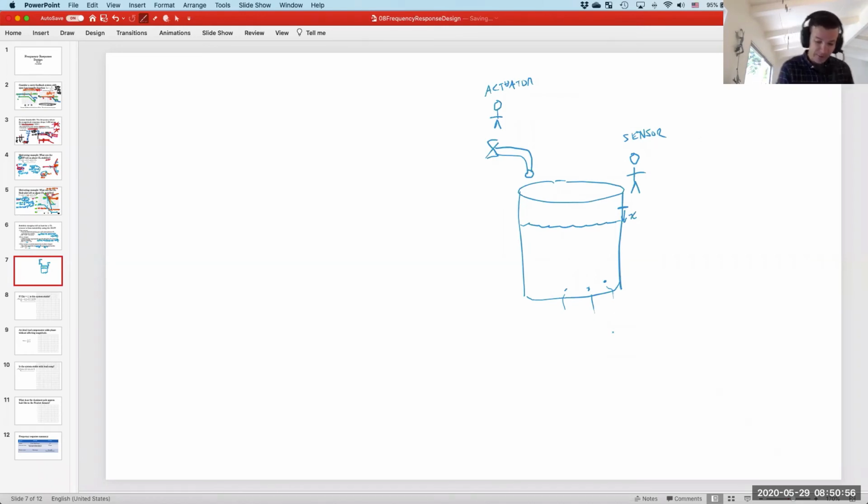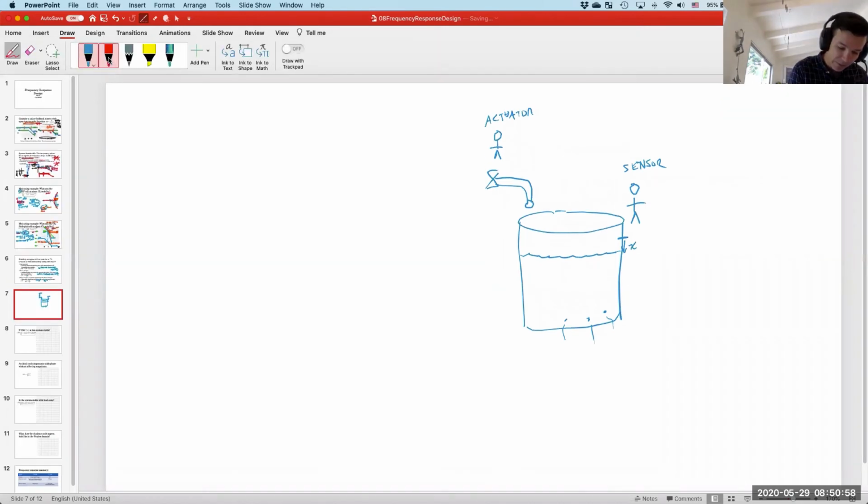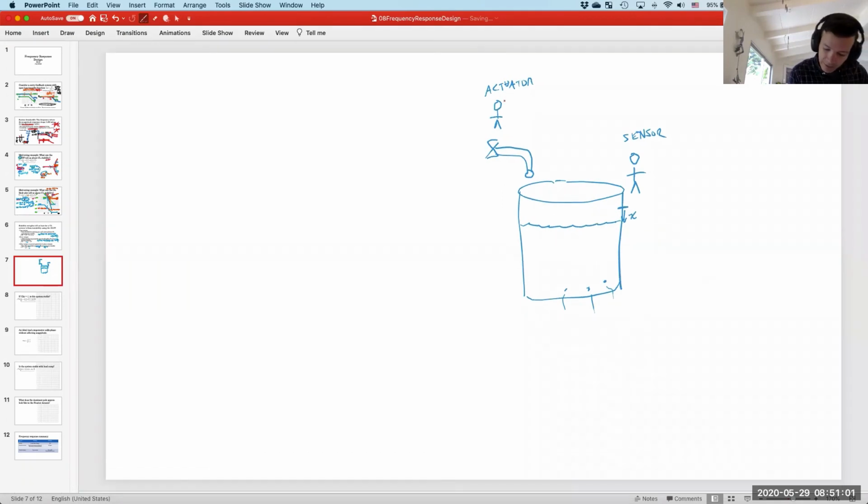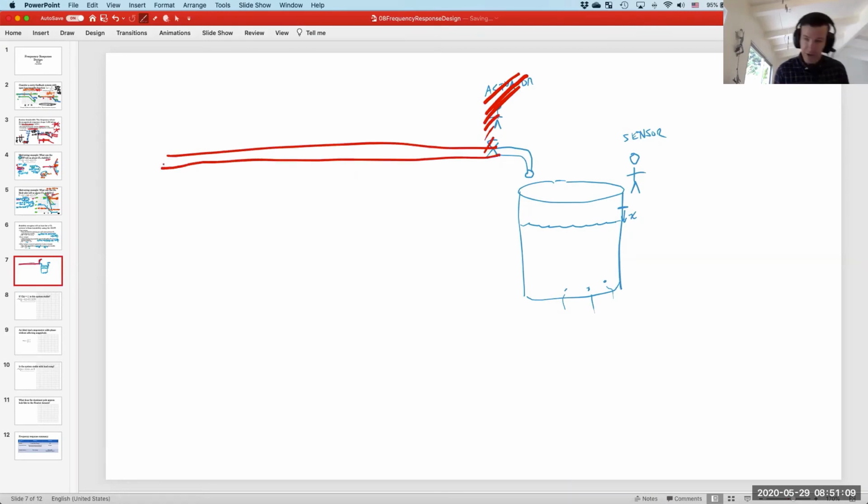What if we have scenario number 2, where the actuator doesn't get to stand real close, but is rather 400 yards away, 200 yards away, whatever, a long ways away. So here's the actuator now.